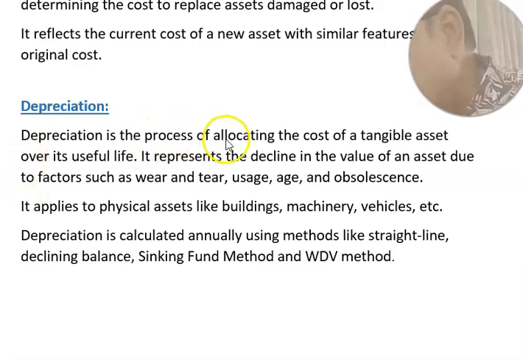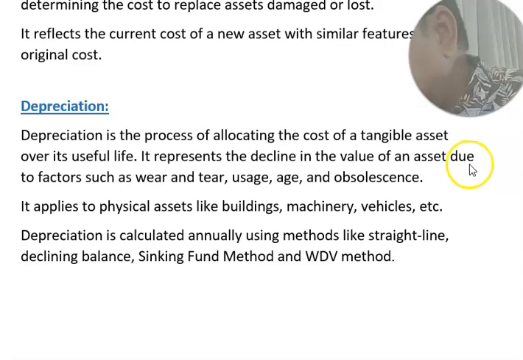Depreciation is a process of allocating the cost of tangible assets over their useful life. It represents the decline in the value of an asset due to factors such as wear and tear, use, age, and obsolescence. Due to age and wear and tear, the property's value is reduced. That is called depreciation. It applies to physical assets like building, machinery, vehicle, etc. Depreciation is calculated annually using methods like straight line, declining balance method, sinking fund method, and written down value method.